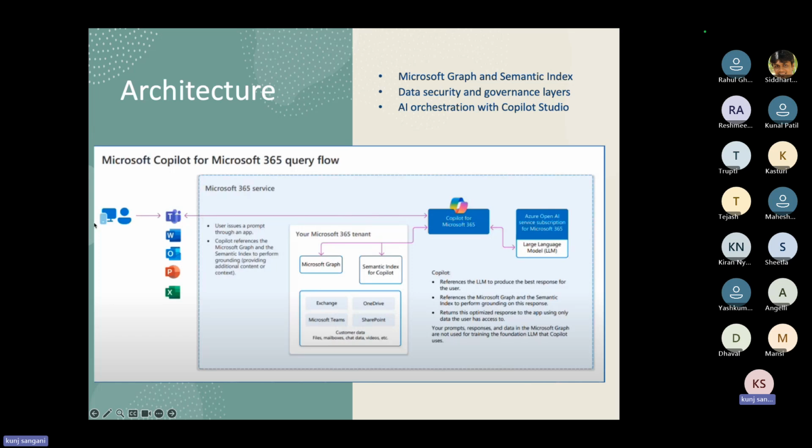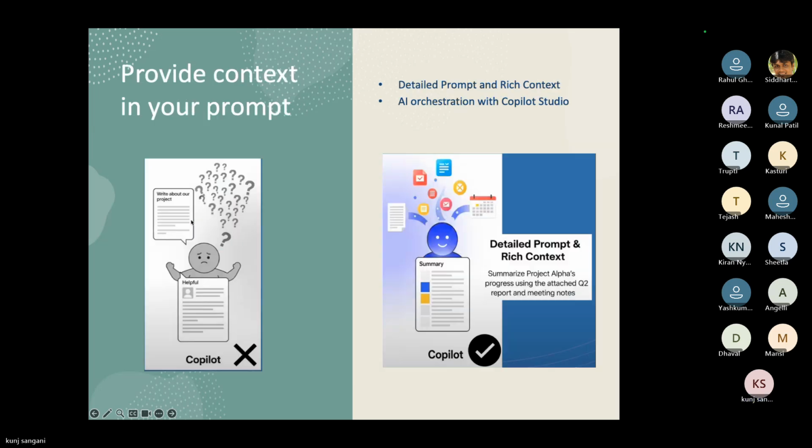So this is the high-level architecture wherein a user will prompt. Based on that prompt, it will get the result using Microsoft Graph, go to the LLM, get the right response and present it to us. Now, what is very important while providing prompts to your Copilot? We should definitely give a detailed prompt.